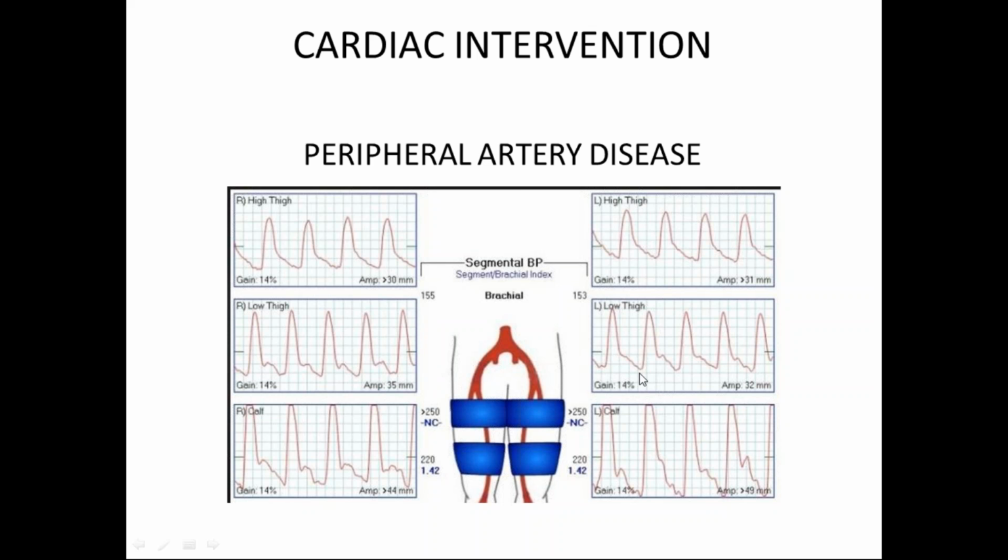So you're going to do your waveform pulse volume recording, and you're going to do segmental pressures. Again, the systolic pressure in the lower extremity should be greater than the systolic pressure in the brachial. The minimum should be a 1-to-1 ratio, but it should be a little bit higher.